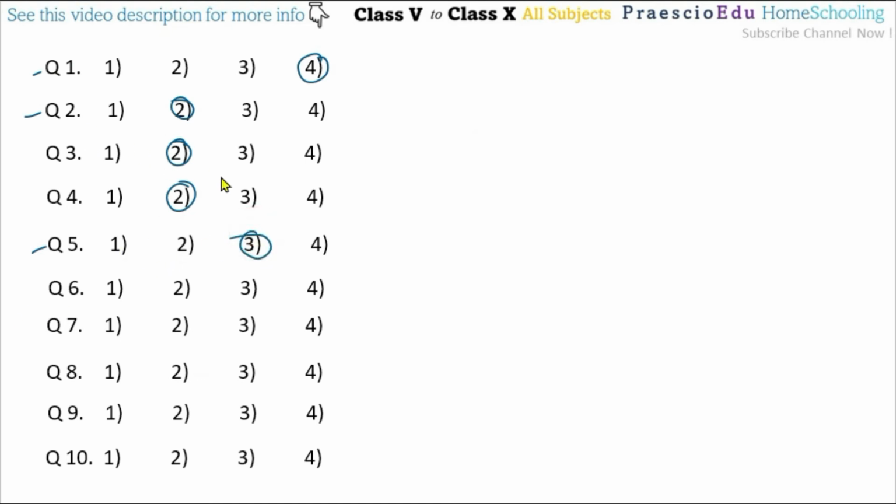Then question number 6: there are 17 persons in a row. Swati shifted 8 places to the right side. Now question number 6 we will solve here. Suppose from here she shifted 8 places.